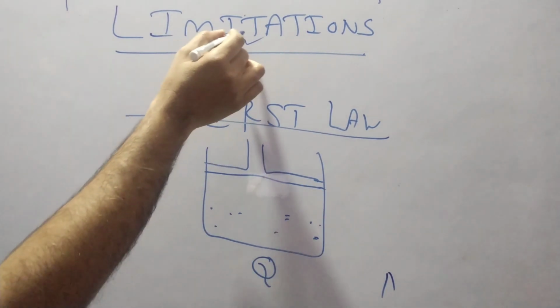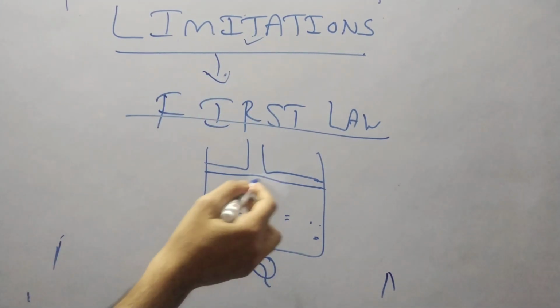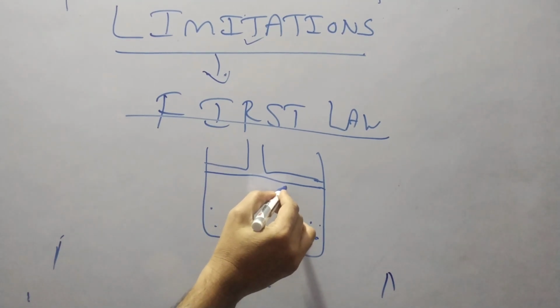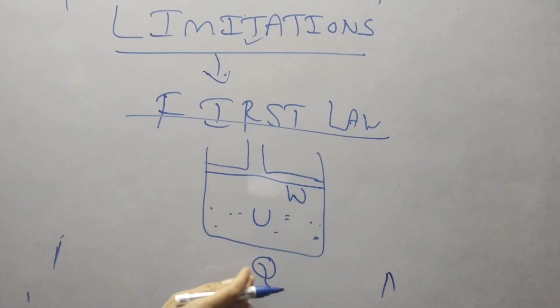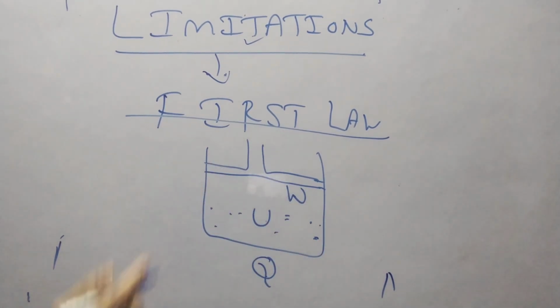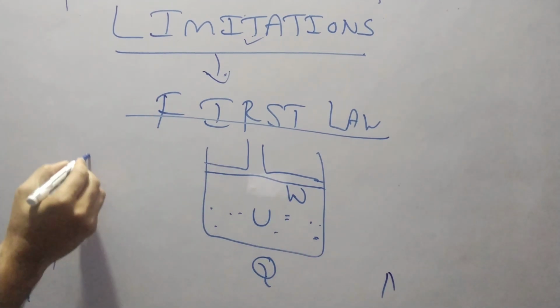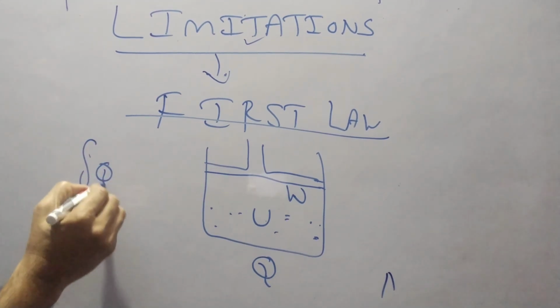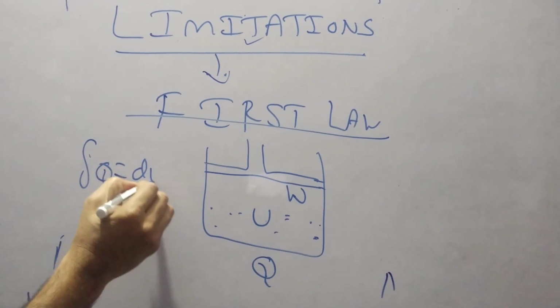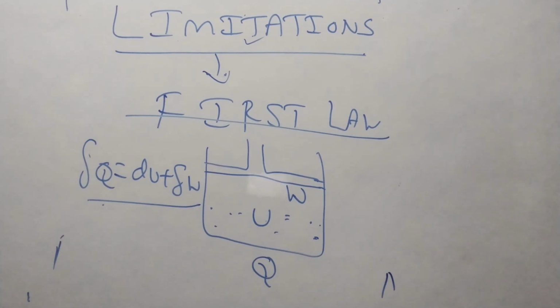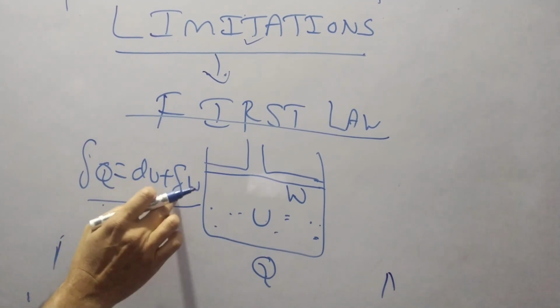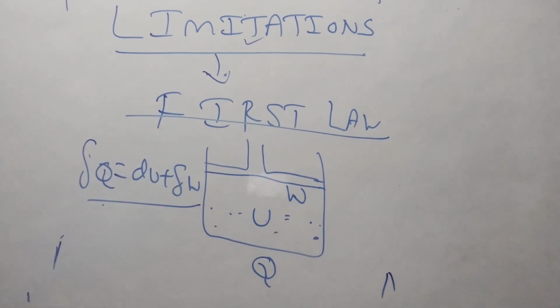Here we are discussing only limitations, only the variables in the first law. Work is there, internal energy is there. So these are the three variables: heat, internal energy, and W. The first law equation is delta Q equals dU plus delta W. Why writing delta, why writing d, is already explained in the first law of thermodynamics video. You can watch that video.